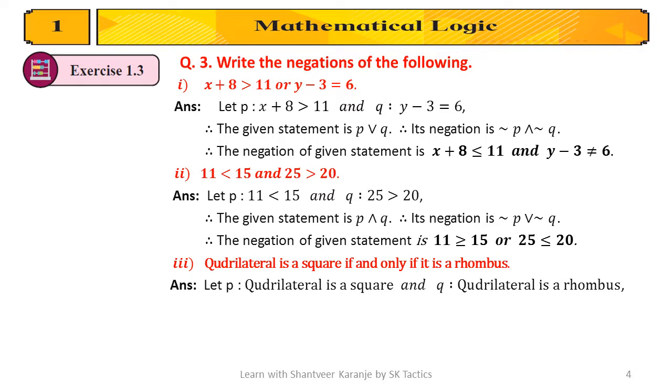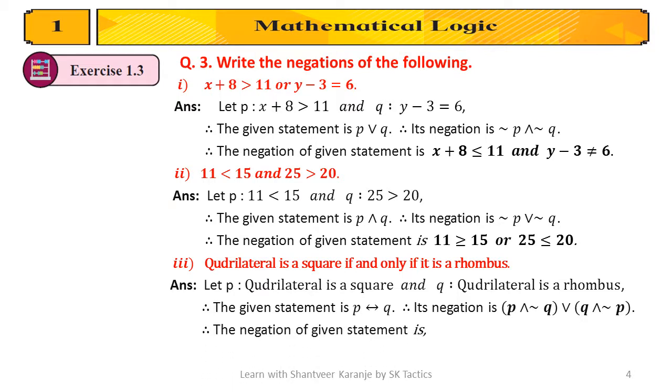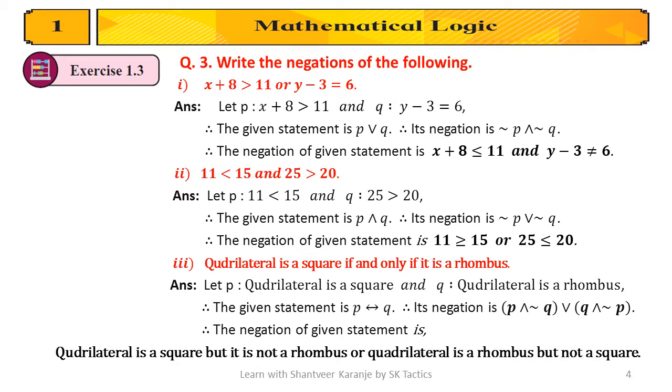And here "if and only if" indicates the statement pattern is in the form of P bi-implies Q. And we know that the negation of P bi-implies Q is P and negation of Q, or Q and negation of P. So in full statement form, it is written as: quadrilateral is a square, it is for P, and "and" is denoted here by "but", it is not a rhombus. It is not a rhombus is for negation of Q.